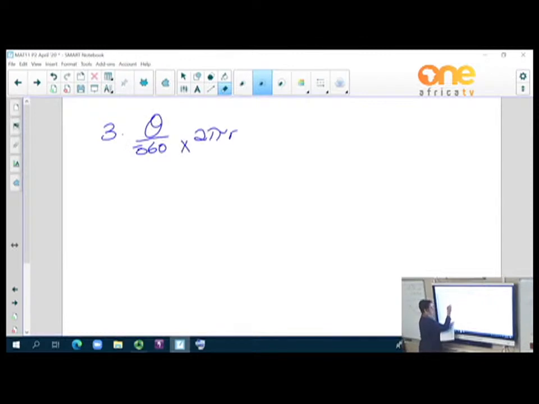This is what we're dealing with all the time. So it's 110 over 360 of 2 pi r we need to find, and it is equal to 90. Opposite operations, what is your r then? Okay, so if you press the calculator, we get 46.9.